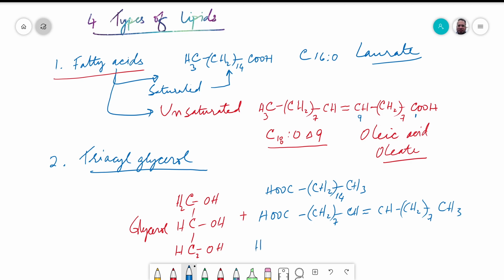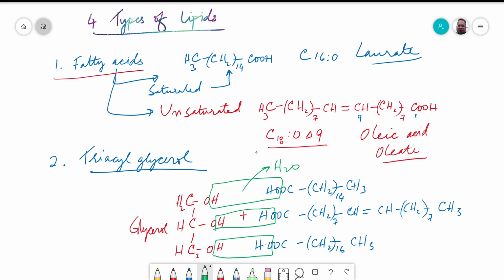And I can draw another saturated one, and I'll draw a C18 saturated fatty acid. Okay, in all of them, the acyl group is this. Water is going to come out, and this is a condensation reaction, right? And we talked about this last time.